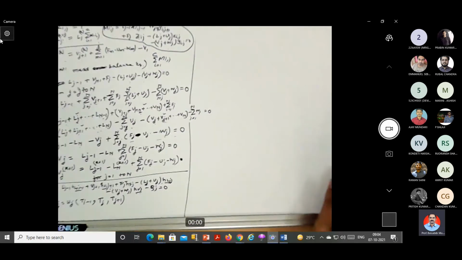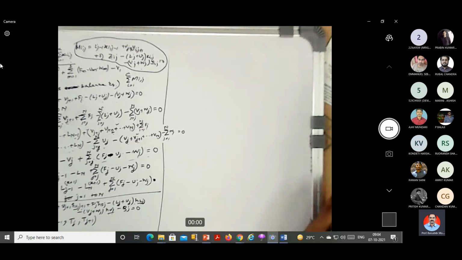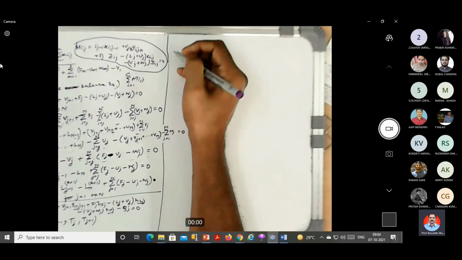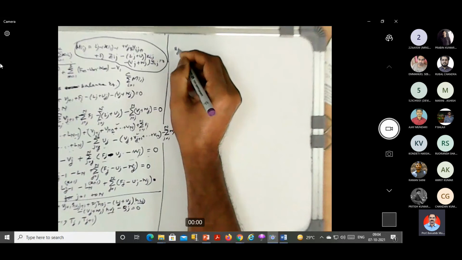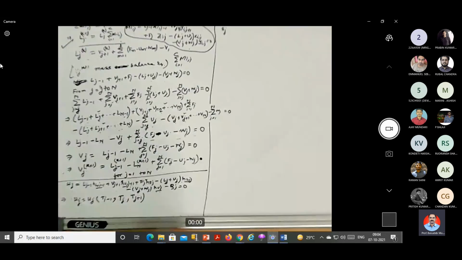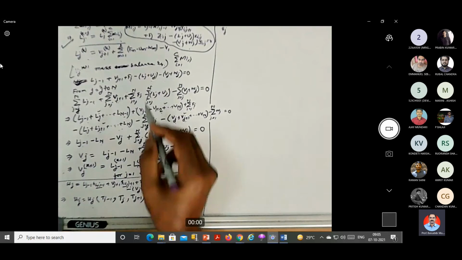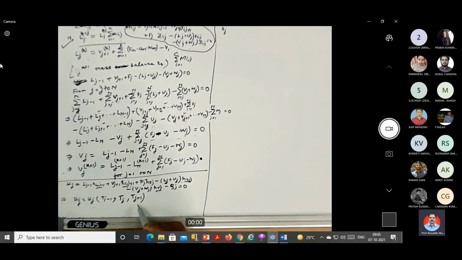Then we can take a Taylor series expansion of this equation. How do we take the Taylor series expansion? Around some known values of Hj. What is the known value of Hj? At the previous iteration level we already have guessed values, meaning Tj minus 1 k, Tj k, Tj plus 1 k.